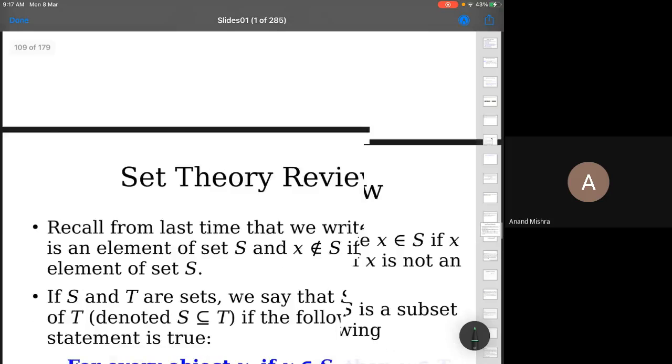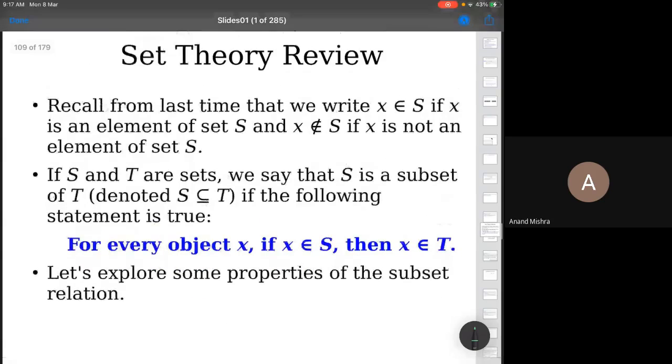Okay. So let's quickly review set theory, what we have seen in the first couple of lectures. From the last time, we know that x belongs to S if x is an element of S, and x does not belong to S, or x is not a member of S, if x is not an element of S. This is how we write.